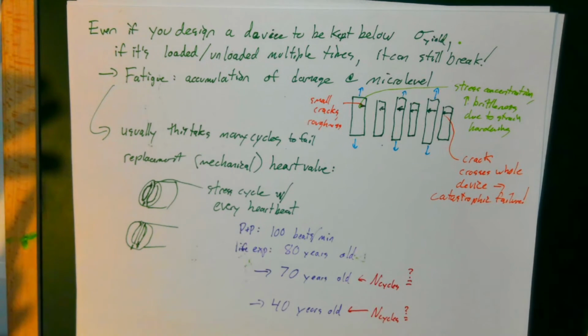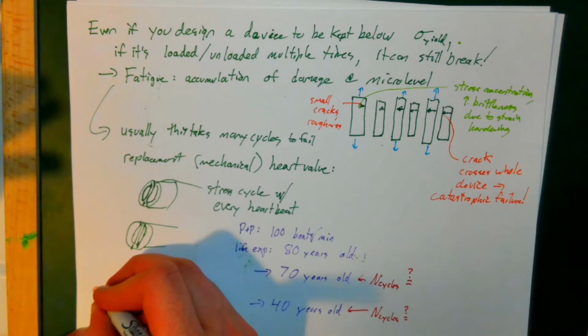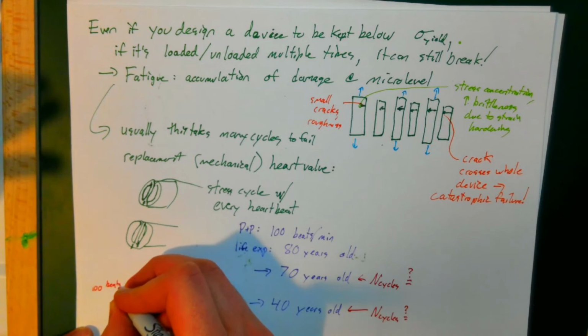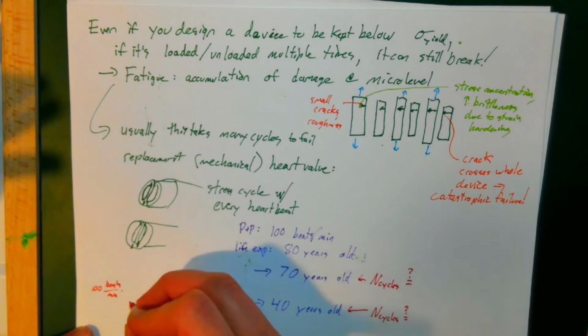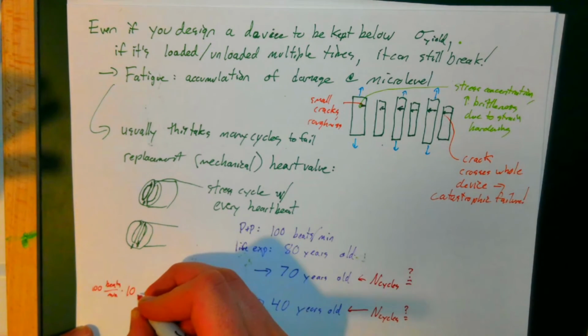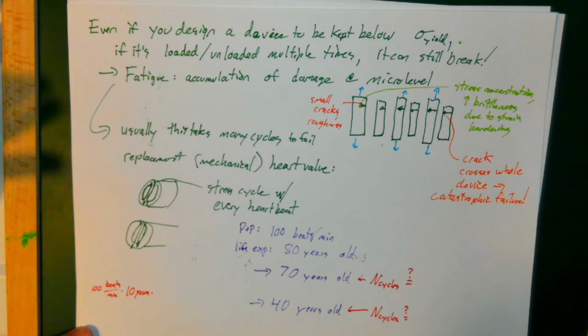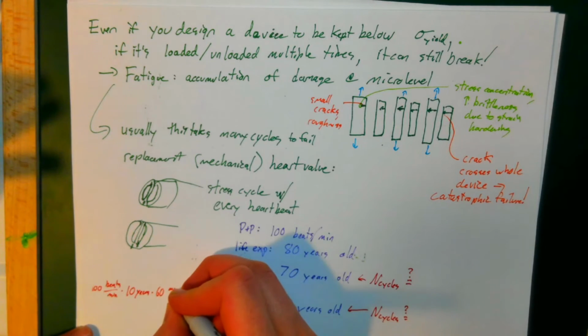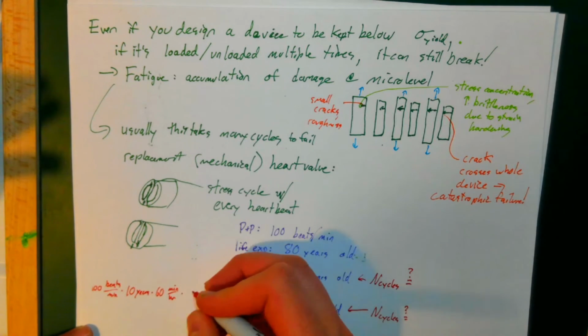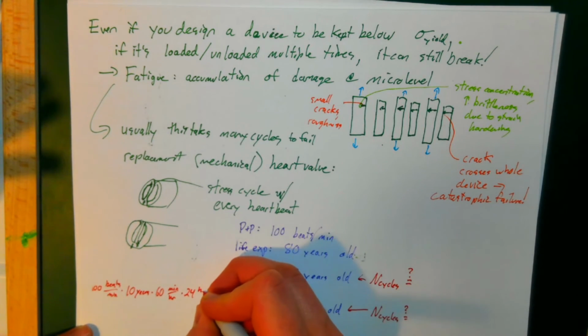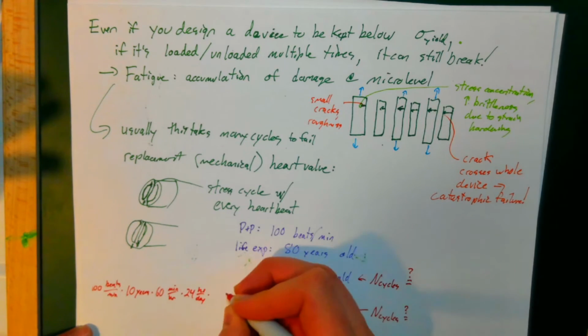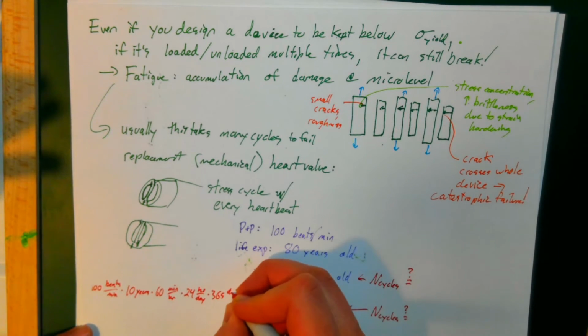If you consider the 10 years, it's 100 beats per minute times 10 years times 60 minutes per hour times 24 hours per day times 365 days per year.